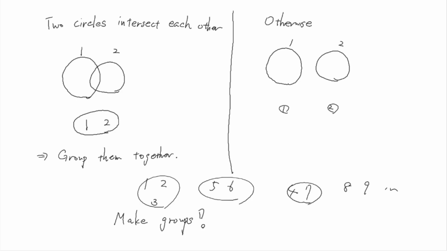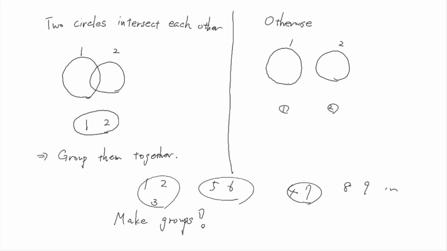If you have two circles and these two circles intersect each other, we should group circle 1 and circle 2 together.